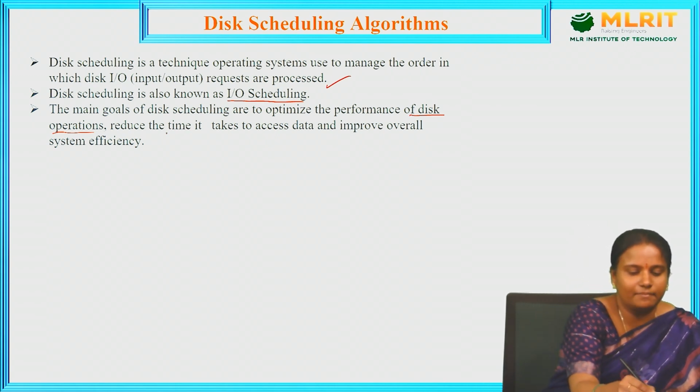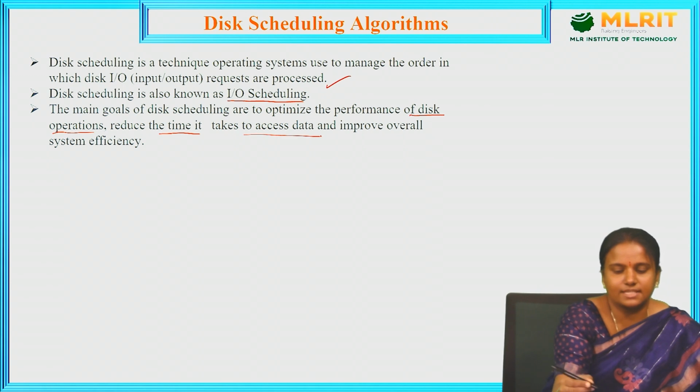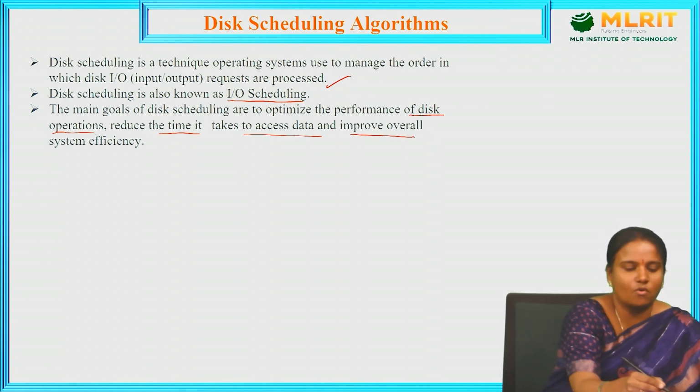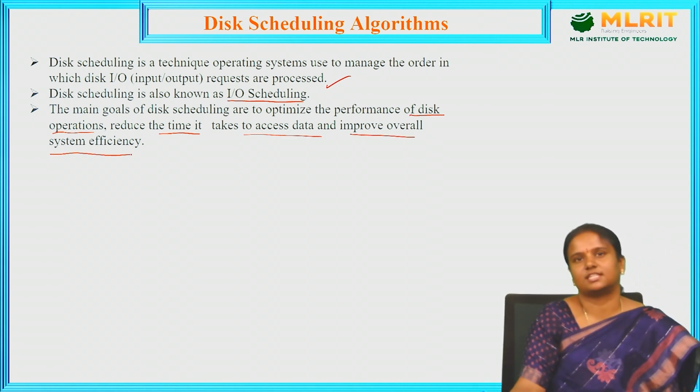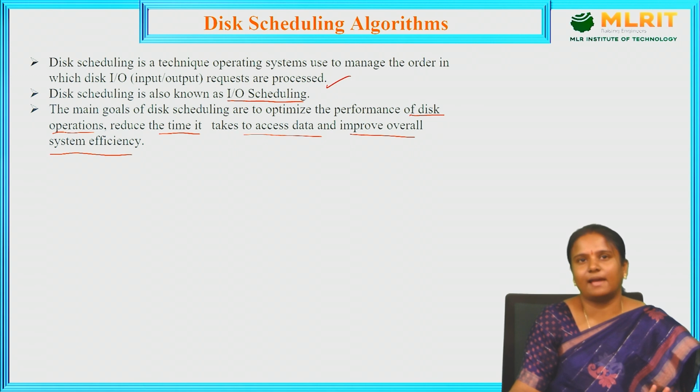It reduces the time it takes to access data and improves the overall system's efficiency. Based on the operations performed, the efficiency may vary, but the efficiency of the system will always increase.